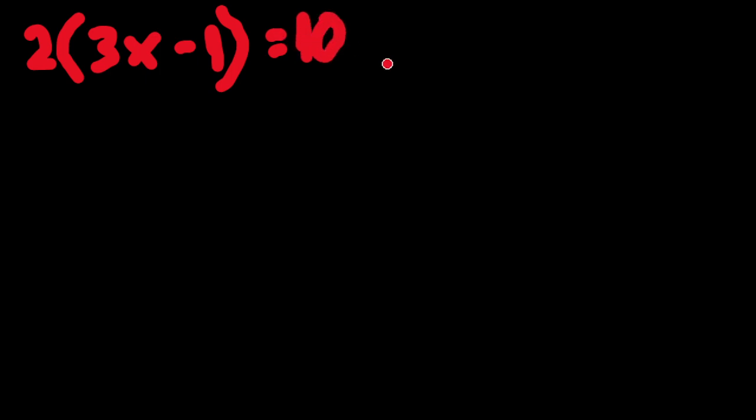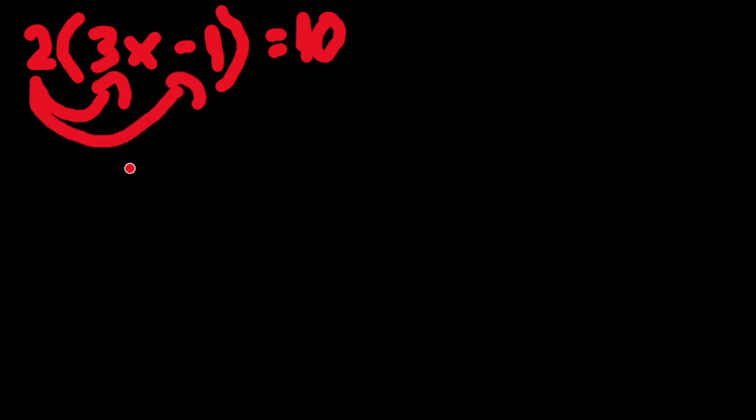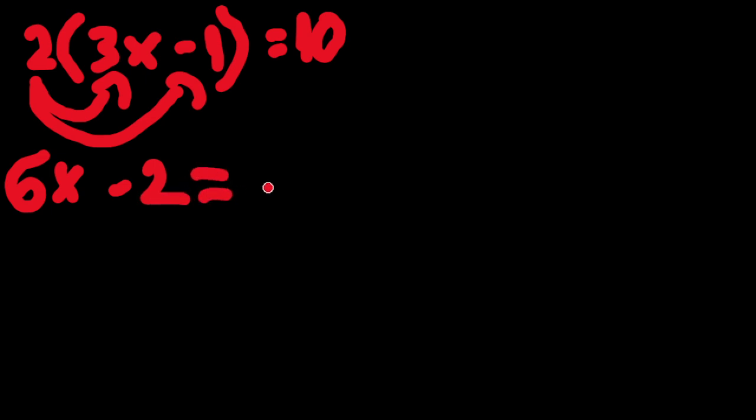This one is a little bit different, but in mathematics, you know what to do. Number 2, we're going to multiply with each of the numbers in the bracket. So 2 multiplied by 3x, we're going to have 6x. 2 multiplied by minus 1, we're going to have minus 2.